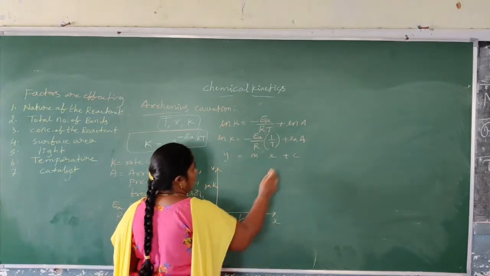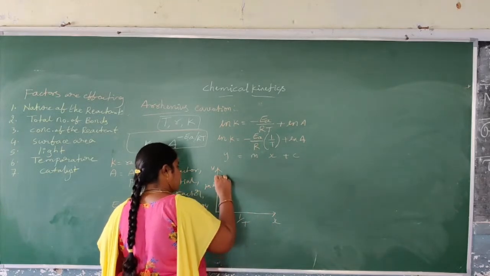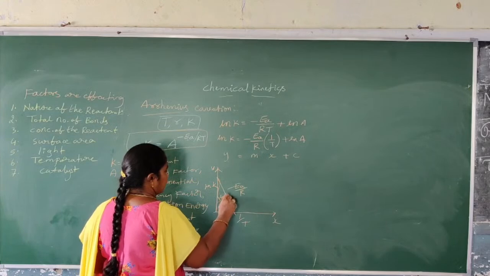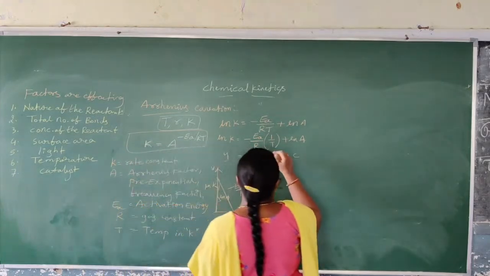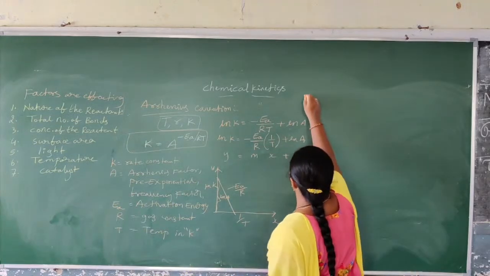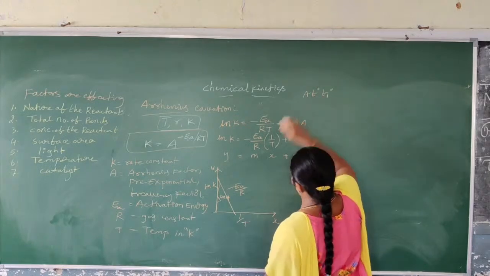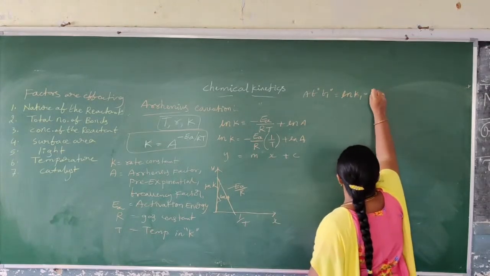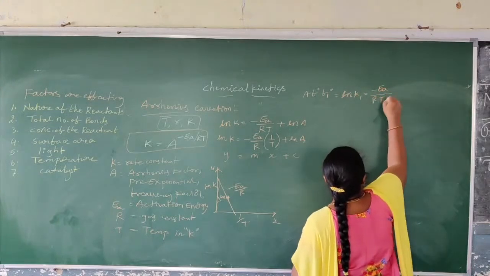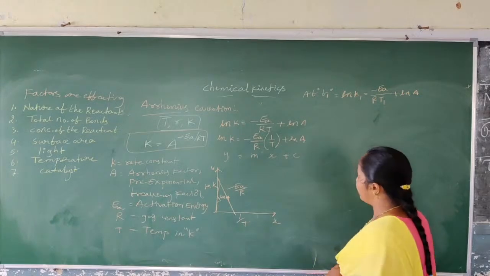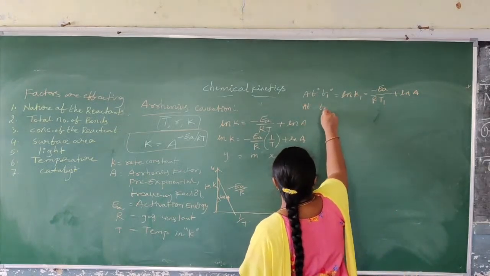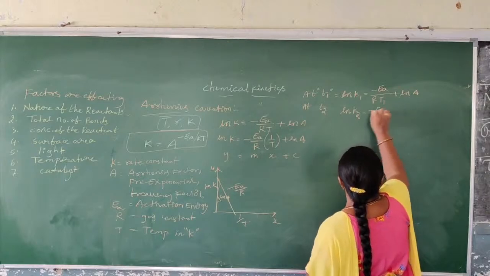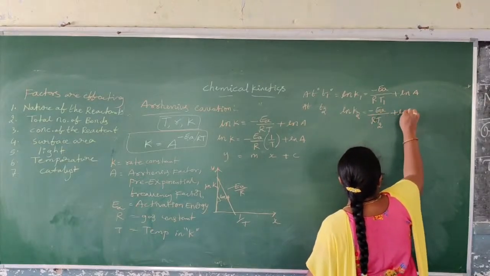The slope is minus EA by R, a negative slope, and the intercept is ln A. At T1 temperature, the equation is ln K1 equals minus EA by R T1 plus ln A. At T2 temperature, ln K2 equals minus EA by R T2 plus ln A.